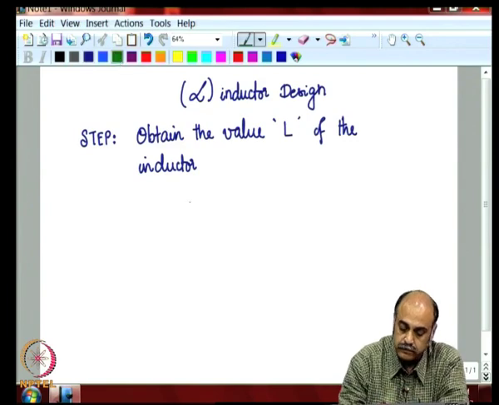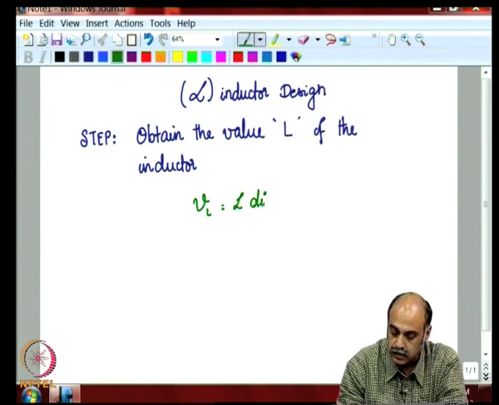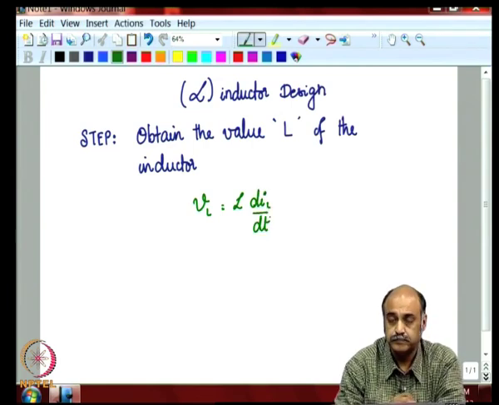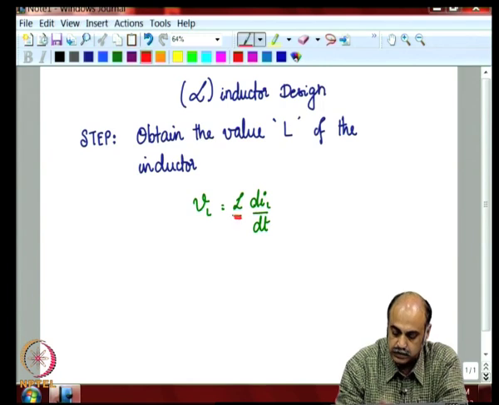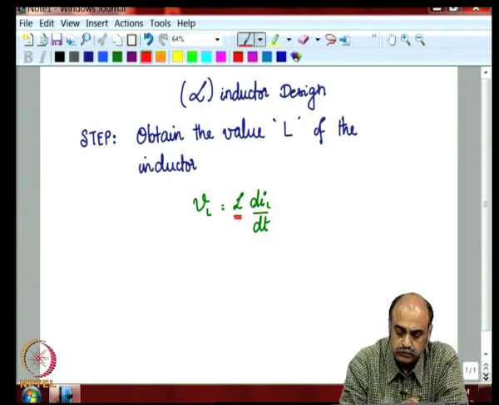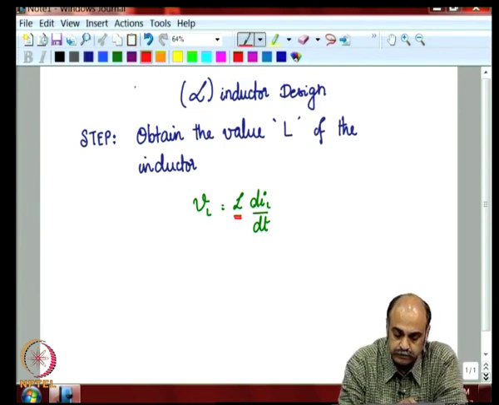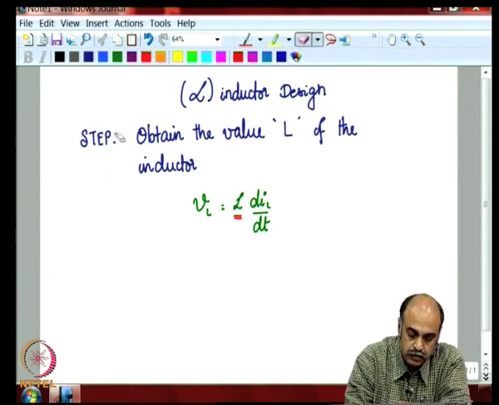And this is normally obtained using Faraday's law or Faraday's equation, V_L is equal to N dI_L by dt. And you try to obtain this knowing all other aspects of the Faraday's equation. So, this is step 1.